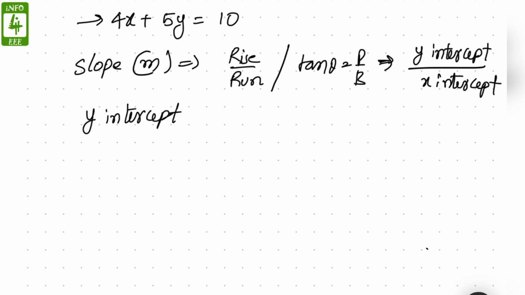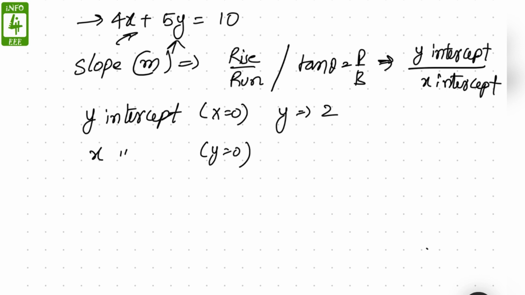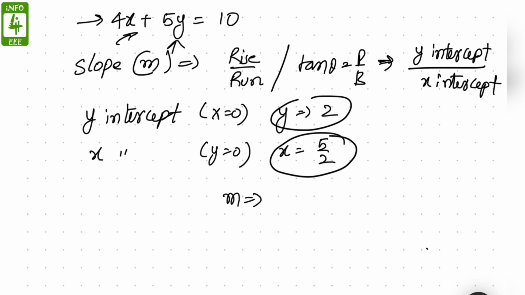So what is y-intercept? Y-intercept is where x is 0. If you put x as 0 in this equation, then y is equal to 2, and x-intercept is where y is 0, and if you put y as 0, then x is equal to 5 by 2. So this is y-intercept, this is x-intercept. You got it? Now you can find the slope, which is m, which is y-intercept upon x-intercept.